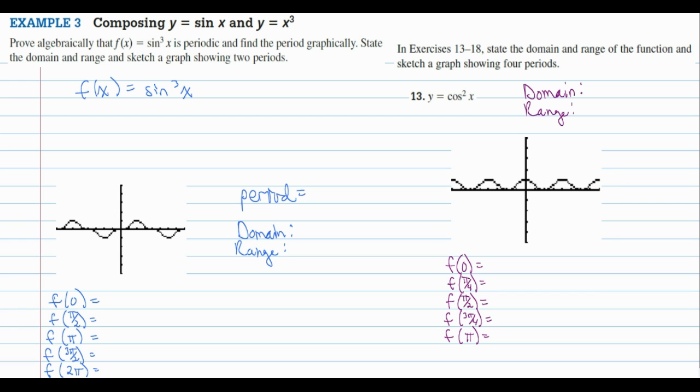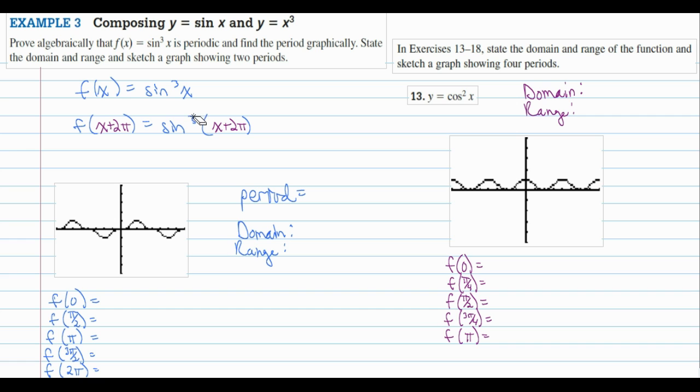Now I'm going to try and plug in f of that same x value just 2 pi later and see what happens to my final values. Now, I believe your book writes this differently, so I'm going to choose to do that as well.